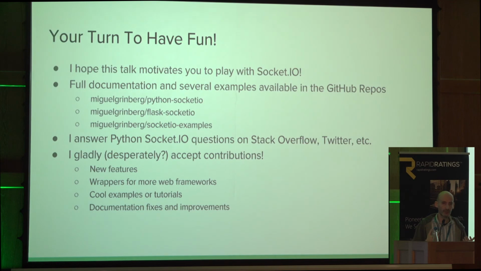Unfortunately, I don't think I would do a good job if I attempted, for example, a Django wrapper, because I don't use Django a lot. But if you do, and you want my help to design something that's really good for Django users, let me know. New examples, whatever else, please contribute.